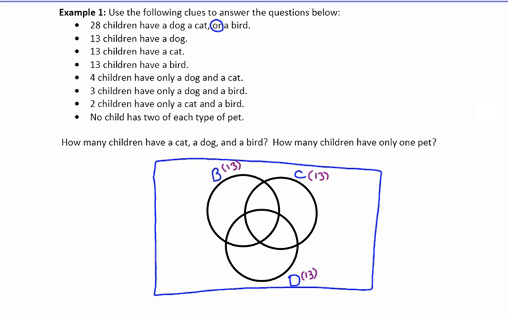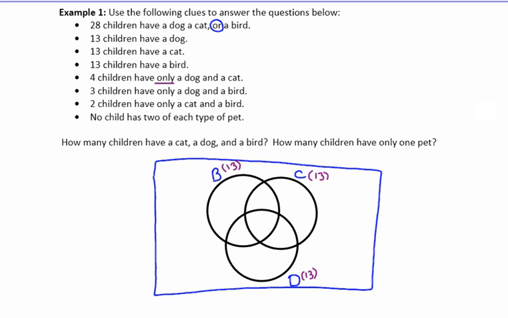4 children have only a dog and a cat. 3 children have, so that's going to be, again, only dog and cat. Ooh, we can fill that in. Where's only dog and cat? Does anyone know where that is?